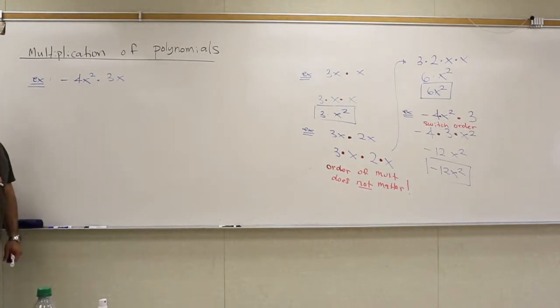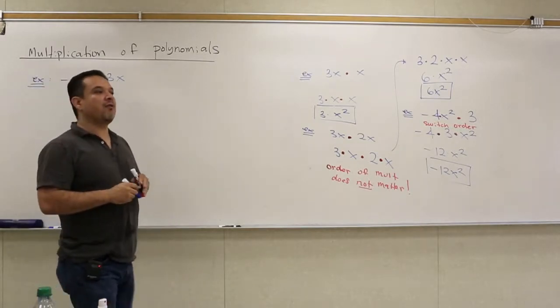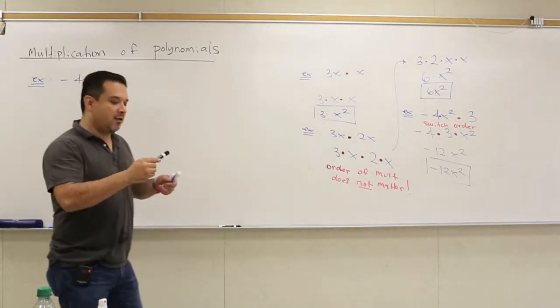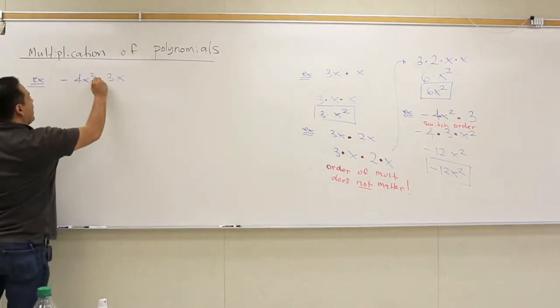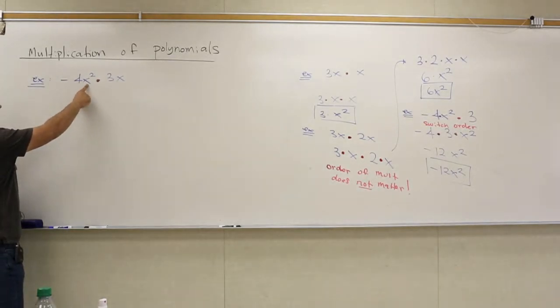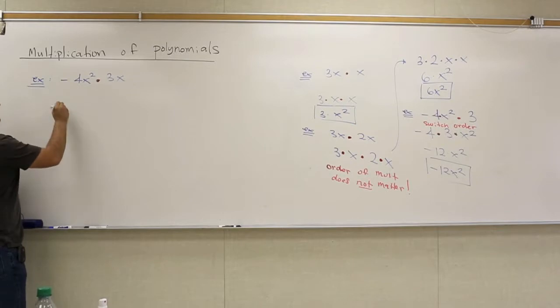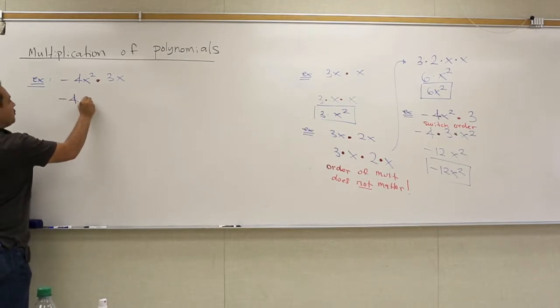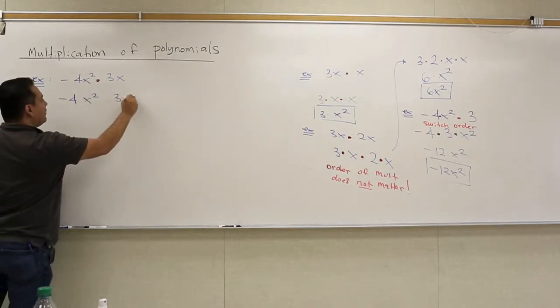What do you guys think? How is this problem different than any of the others we worked with? The answer is it's not. They're all multiplication, by the way. And again, what's happening between that negative 4 and the x squared is also multiplication. So let me write this all out for you.